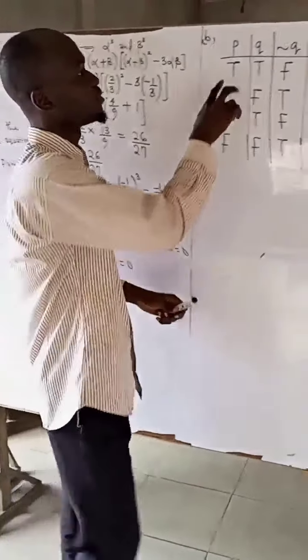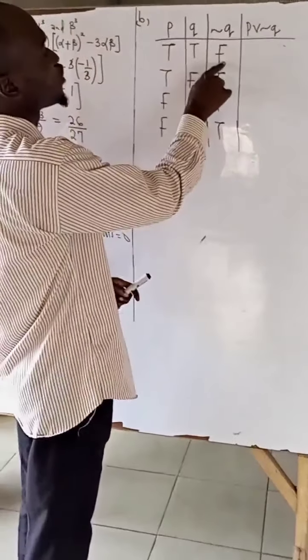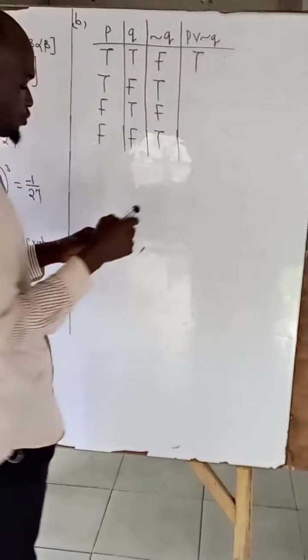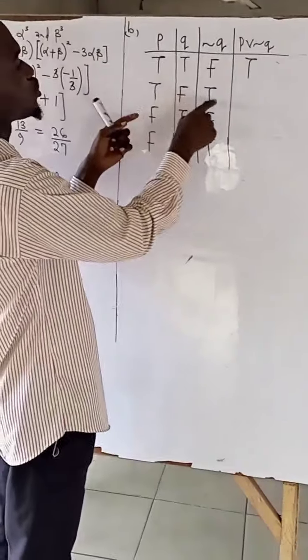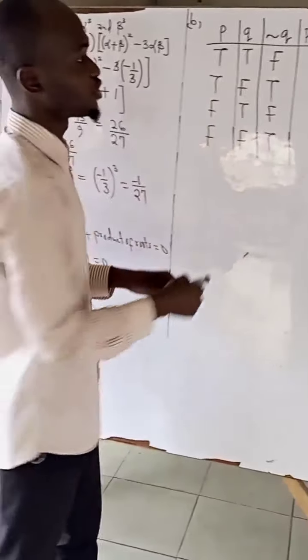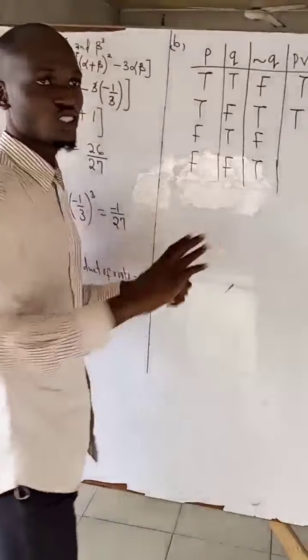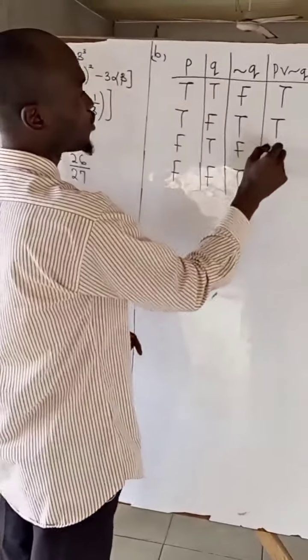So if we operate true and false together, at least one of them is true, then the result will be true. And also true, since both of them are true, the result will be true. And here, false and false, none of them is true, then the result will be false.